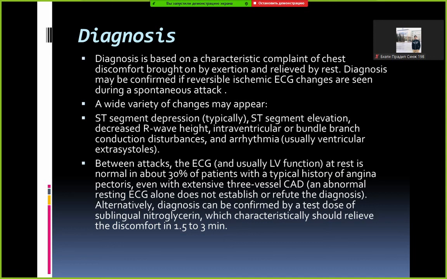A wide variety of changes may appear, but the most common are ST segment depression, maybe ST segment elevation, decreased T wave, intraventricular or bundle branch conduction disorders, and arrhythmias such as ventricular extrasystoles. Between attacks, the ECG at rest is normal in about 30% of patients with a typical history of angina pectoris, even with extensive 3-vessel coronary artery disease.